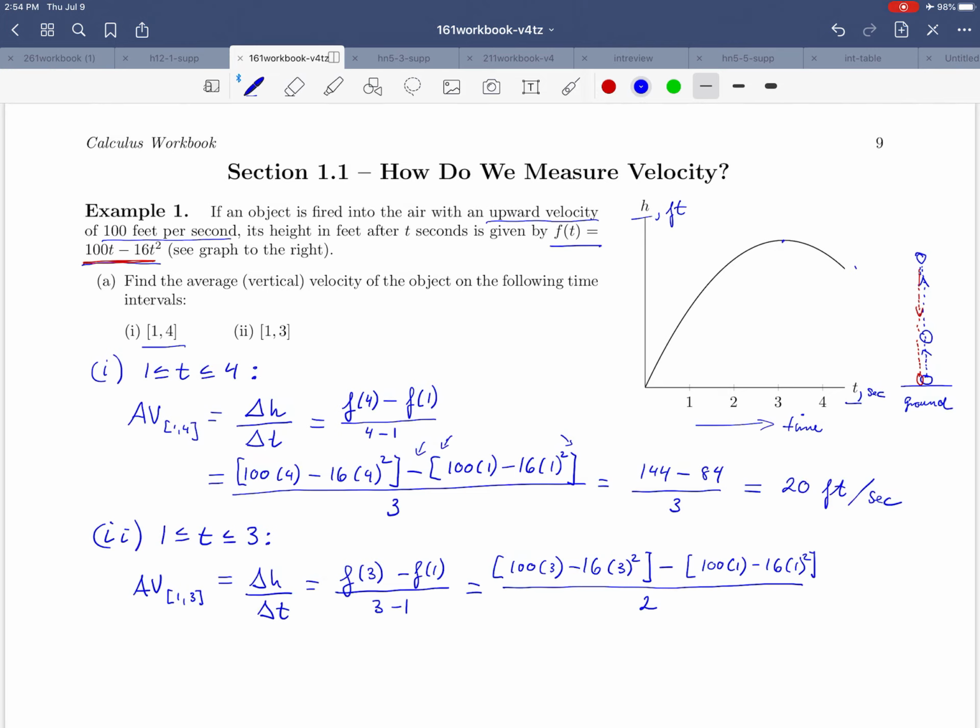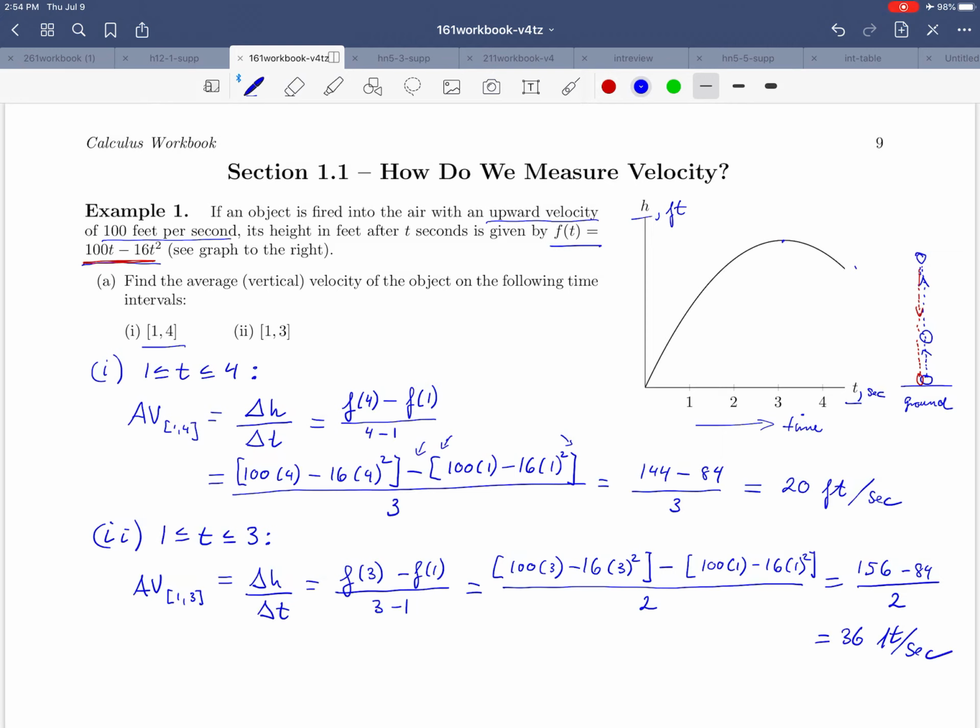And when you plug this into the calculator and you multiply everything out, you have 156 minus 84 divided by 2. Oops, that's a very strange looking 2. I'm going to fix that. Which computes to be 36 feet per second.